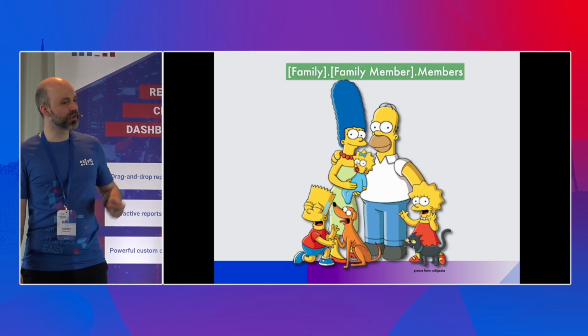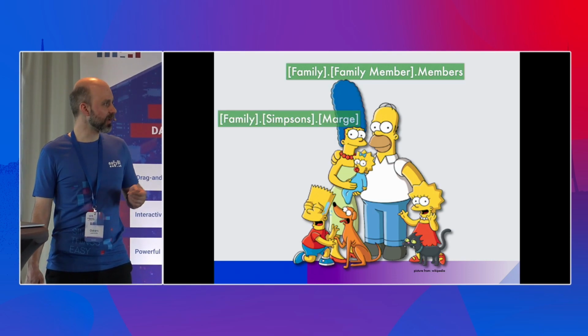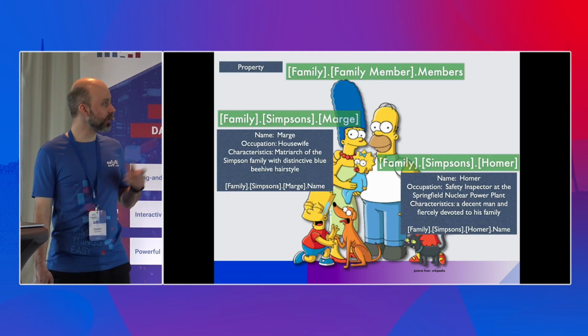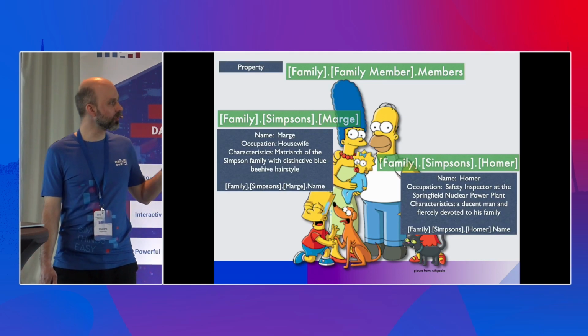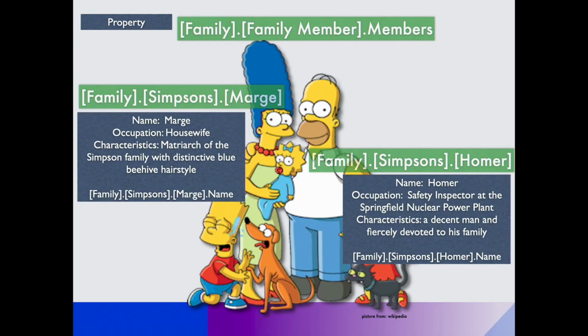Now we will go deeper to the lower level where we had family members. So all individual members like Marge or Homer. They have their own properties like name, occupation, characteristics, and we can get their name as a string just for displaying by addressing member.name.